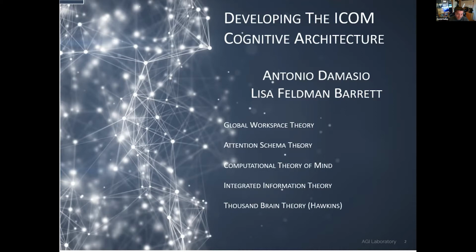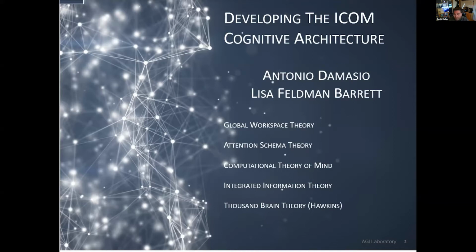In doing a lot of research on the state of the art and how humans are motivated and make decisions, it really ended up with a lot of work from Antonio Damasio around using emotions to make decisions, and some of Lisa's work. She has a great book on how emotions are made, I think is the title.